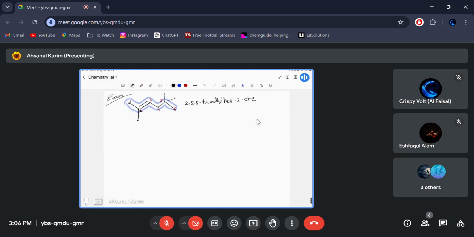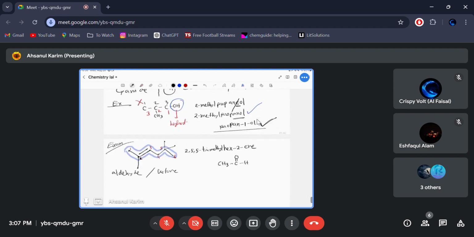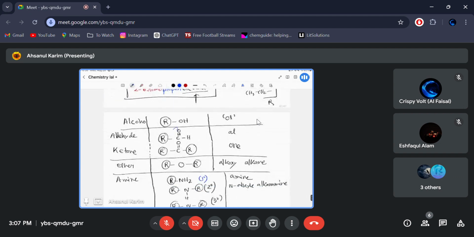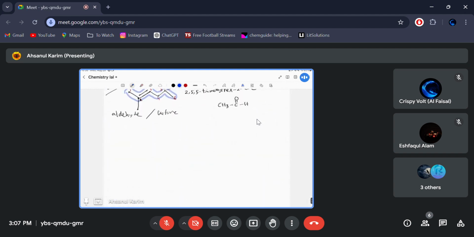Now naming of aldehyde and ketone. Formaldehyde is actually the common name. I have CH3COH, what is the name of this thing? Look at the aldehyde: whenever you have this group, this is considered aldehyde. Always remember this is aldehyde. So it is attached with one carbon, so carbon numbering should be 1 here.